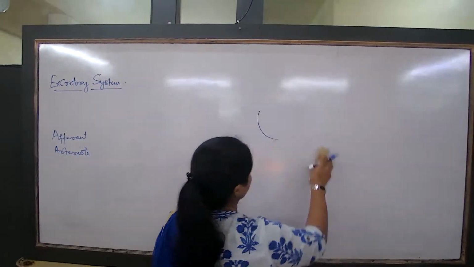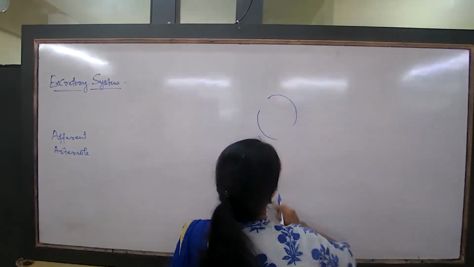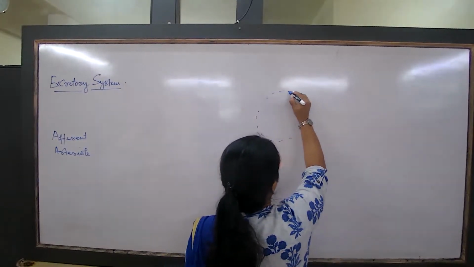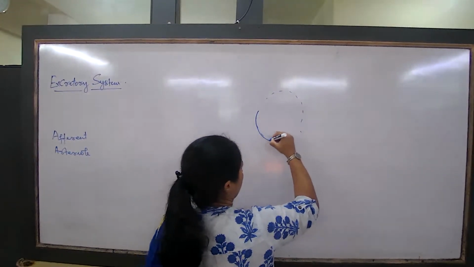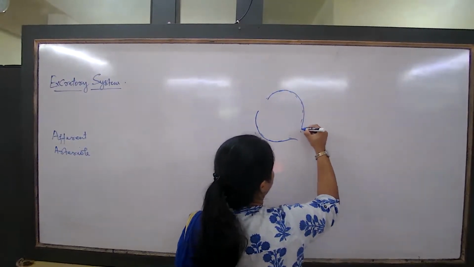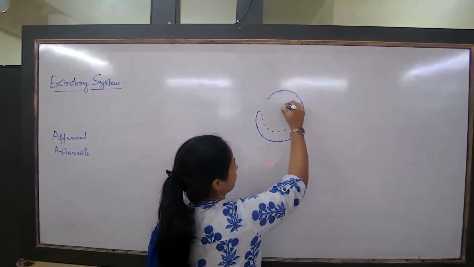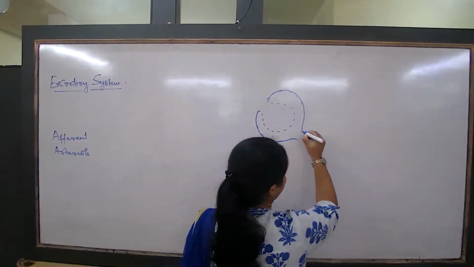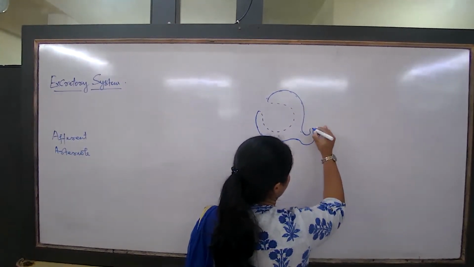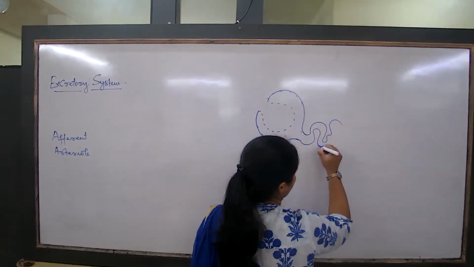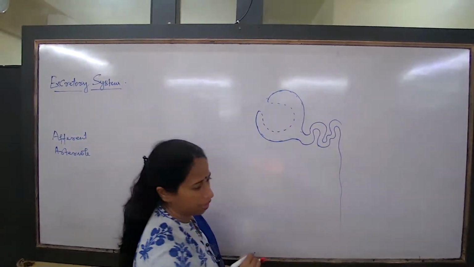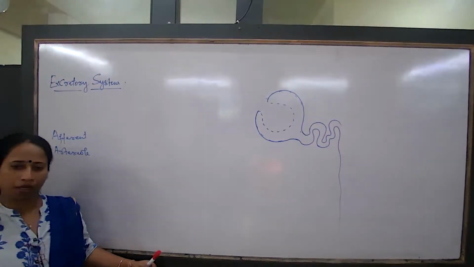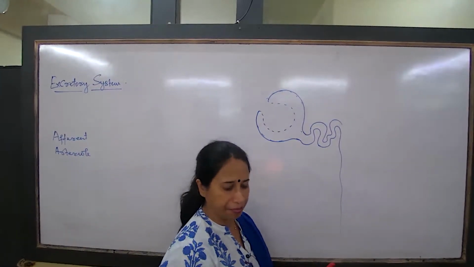All of you will make a table to write down the differences. Renal artery, the first point you write: carries blood towards the kidney.